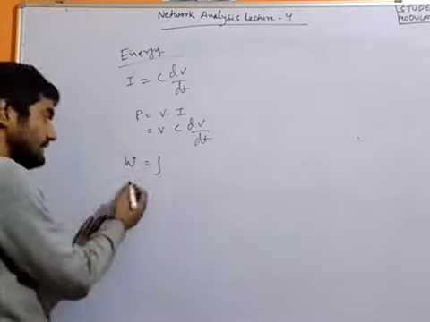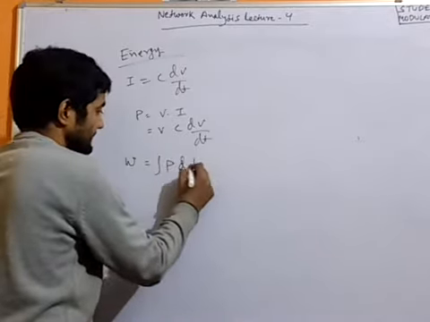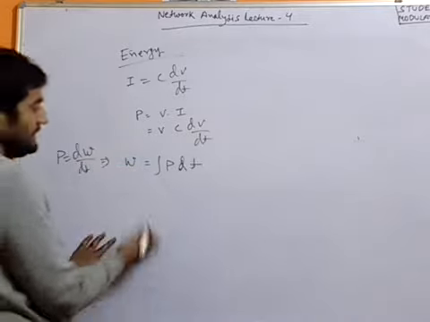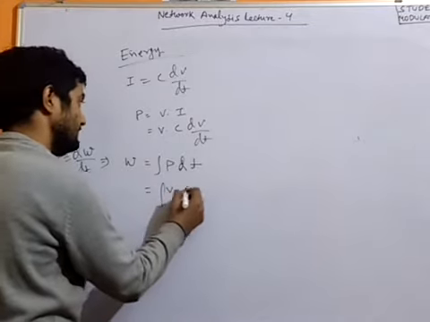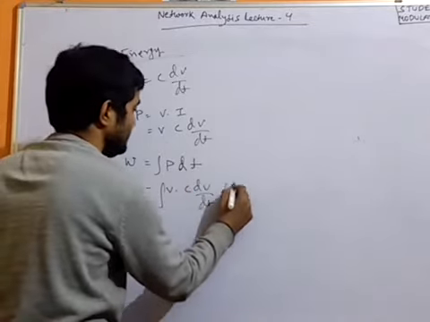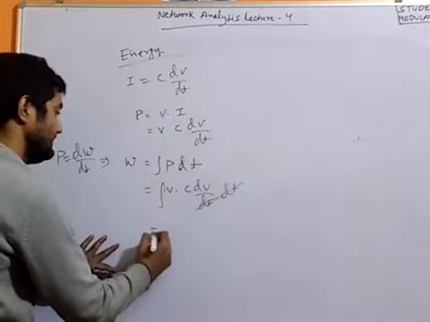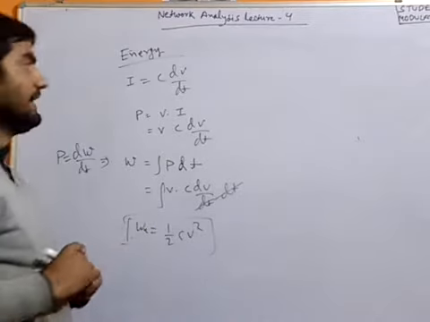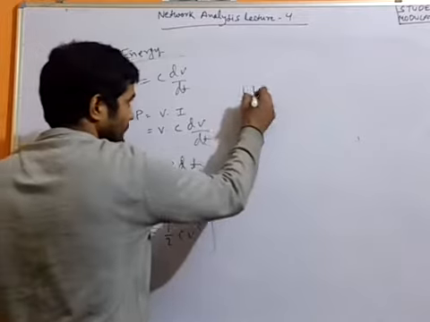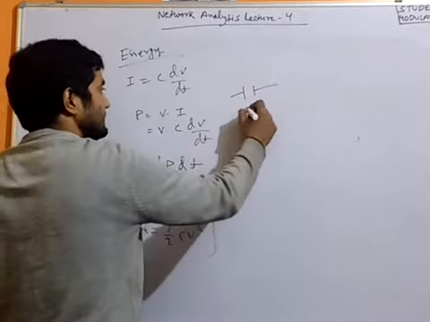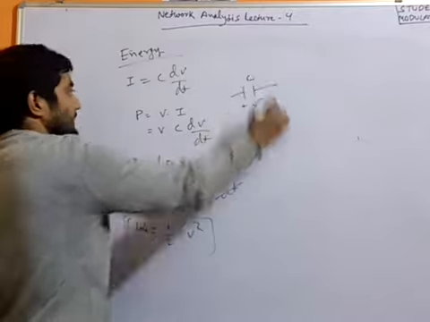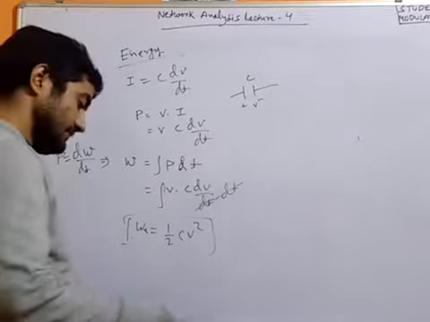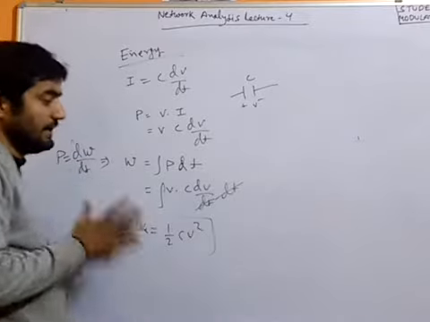So work done or energy will be the integral of P dt, where P is dw by dt, so w equals integration of P dt, and we put V times C dv by dt, dt cancels out, V C dv gives half C V square. So this is the energy stored in a capacitor having the voltage V. If any capacitor has been charged up to voltage V and the capacitance value is C, then the energy will be half CV square. So this is the energy stored in a capacitor.